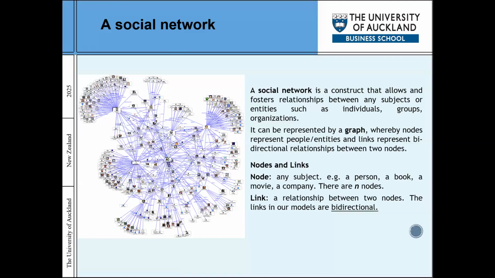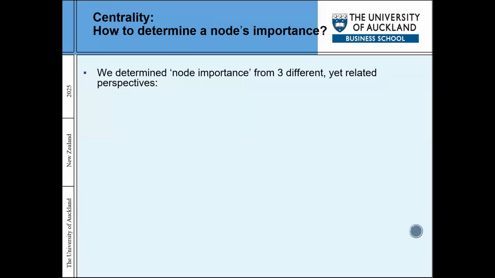The link is a relation between two of those nodes, and it's bidirectional. So if I'm your friend, you're my friend. We're not talking here about social networks where we have followers and that kind of thing. We're just in the bidirectional mode.